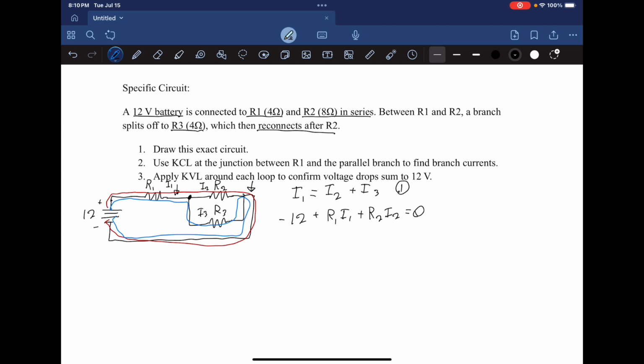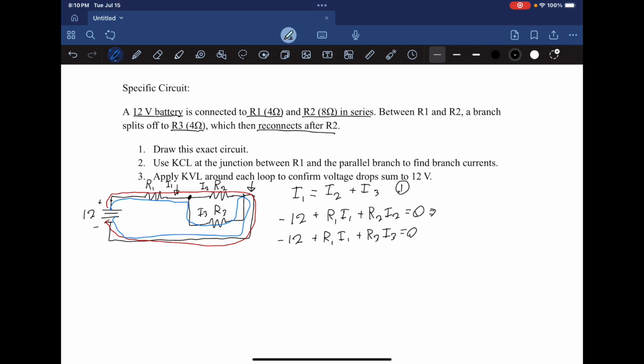And that's from the red loop. And then from the blue loop, we have the same thing. We have negative 12 plus resistor 1 times the current that runs through resistor 1. You'll notice that both the blue and the red loop run through resistor 1. And then plus resistor 3 times the current that runs through resistor 3 equals 0.